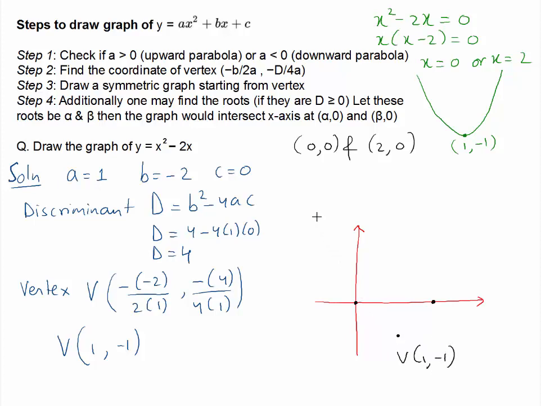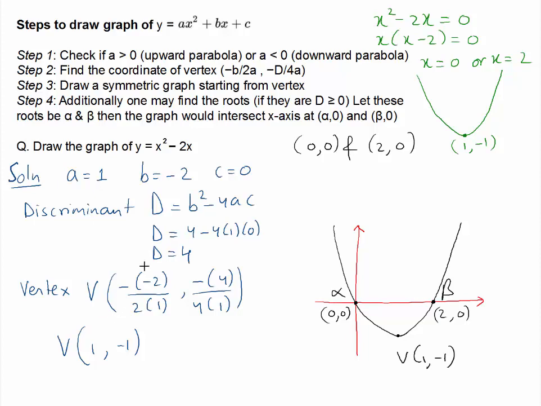Now we have to draw a graph which is an upward parabola symmetric about the vertex. So the graph would be something of this sort, an upward parabola passing through the origin and 2, 0, whose roots are alpha and beta, which are 0 and 2. So this is the exact graph of y equals x square minus 2x.